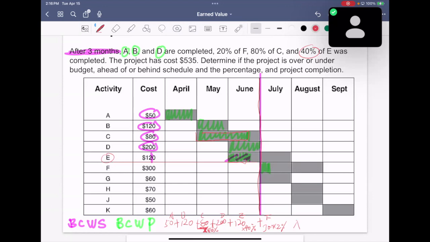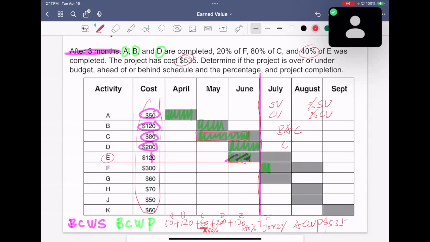What is your ACWP? Your ACWP is here, $535, right? And with those, you will be able to calculate your schedule variance, cost variance, the percentage of your schedule variance, the percentage of your cost variance, and you have your BAC summed up together.